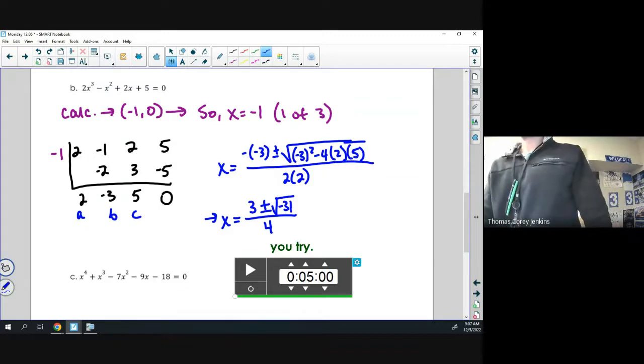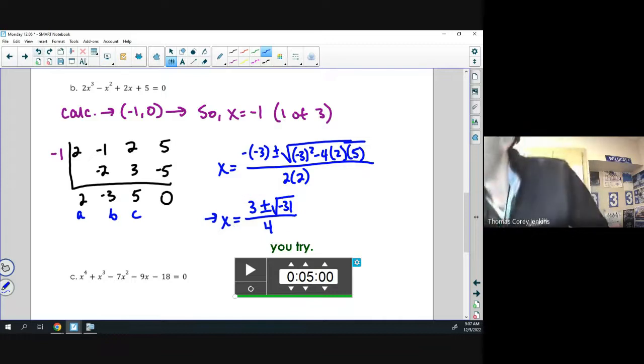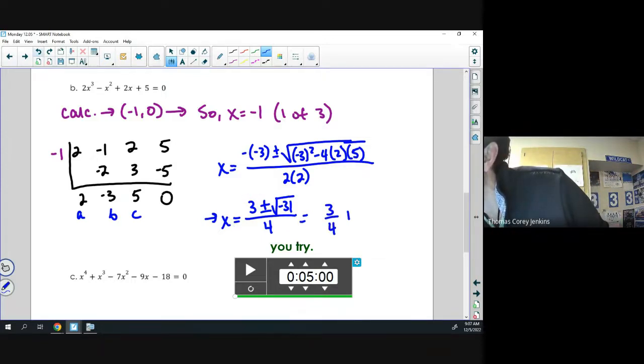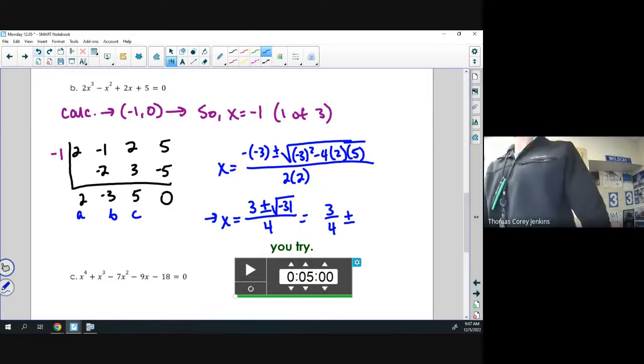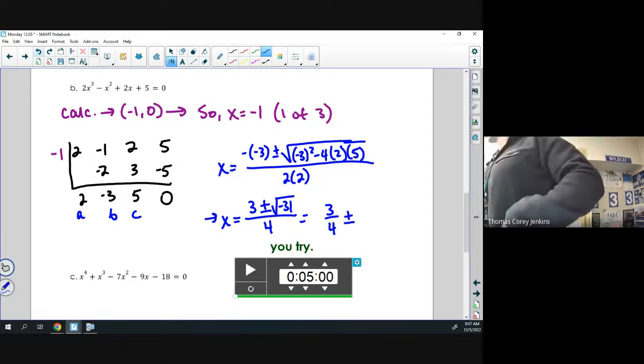And so these are my last two solutions right here, but I just want to clean that up. It should be some number involving i, right? So that's going to be 3/4 plus or minus. That's where I get the two solutions. How do I clean up the square root of negative 31? How do I formally write that out to make it a final answer on a test?